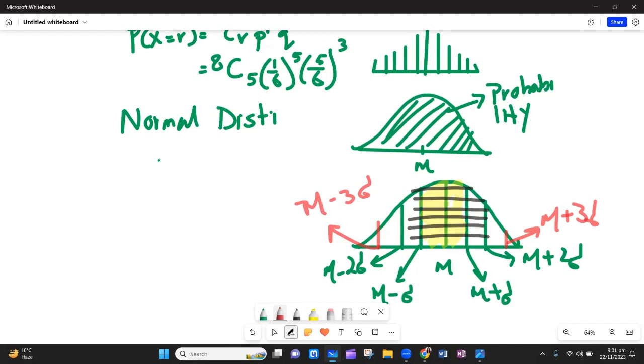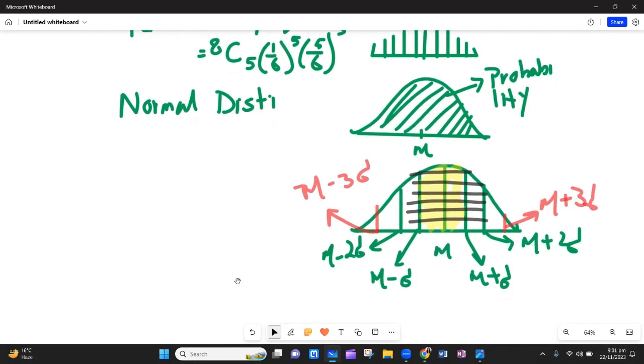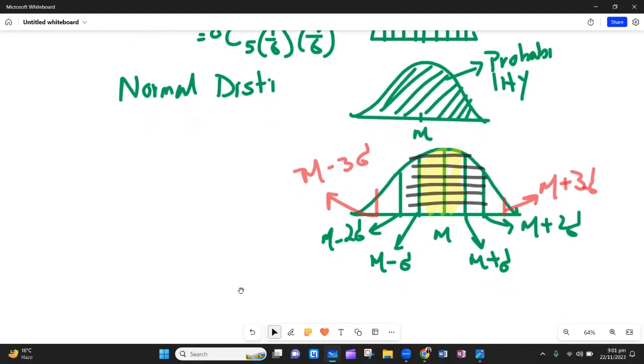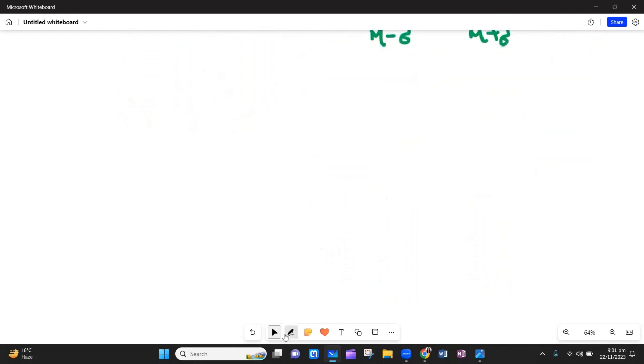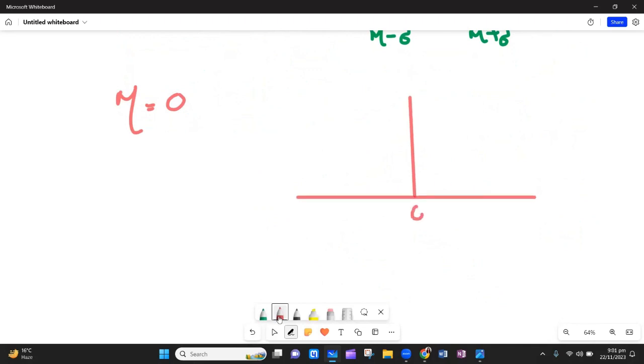Okay. Now the practice questions that we're going to start, in those questions is an assumption that mean is 0. So from now, our mean is 0, unless I tell you that it's not. So for now, mean would be 0. That means this value here is 0.